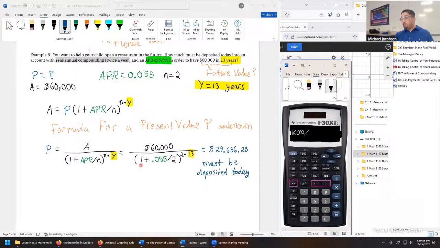Parentheses were needed with both versions of this formula, the original one and this one for principal. That's going to be 1 plus 0.055. Divide this by 2, and then raise to power. I'm running out of space, so I'm going to just write this in as 26. So putting in the calculator just like that should give you this kind of output.